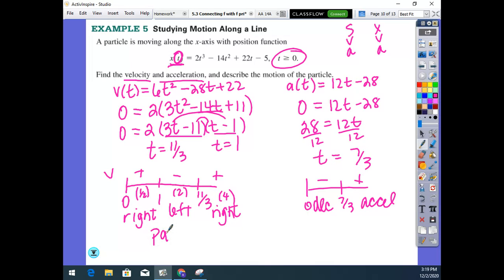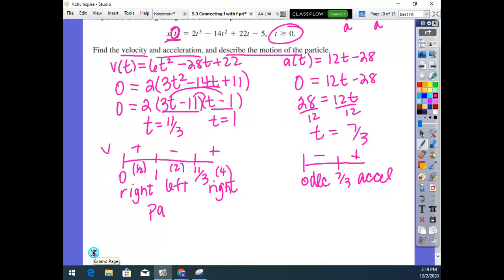All right, so to describe the motion, if we plug 0 in for t up there, we get -5. So its position at 0 is -5.